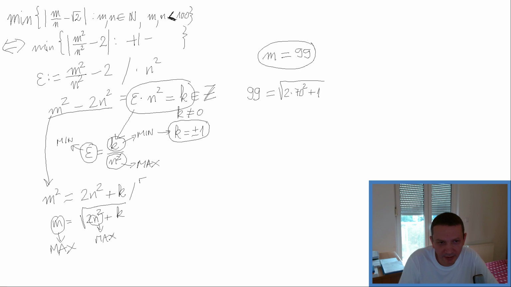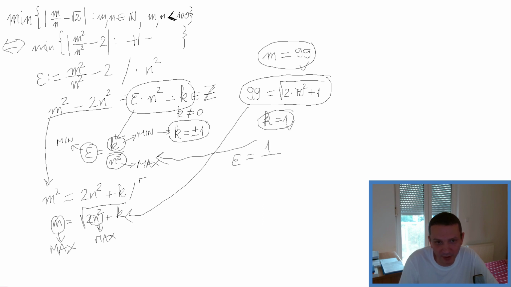We can immediately check that with k equal to 1 and m equal to 99, we simply verify this, and we immediately obtain the best possible approximation epsilon, which is 1 over 70 squared. So we need not look for any other approximation, because we now know that this is the best possible approximation.